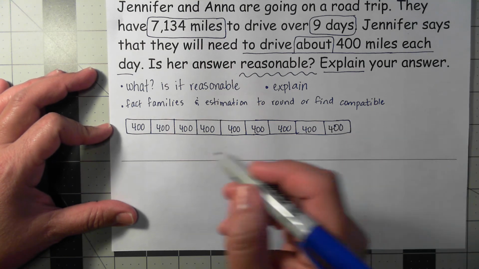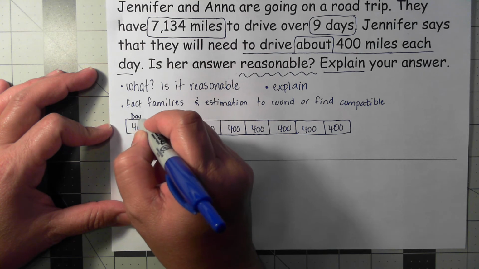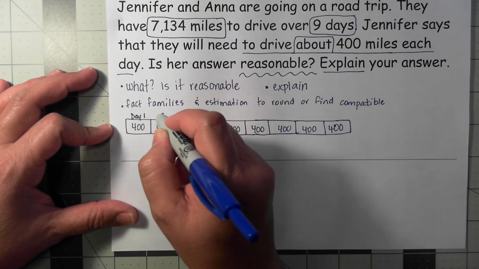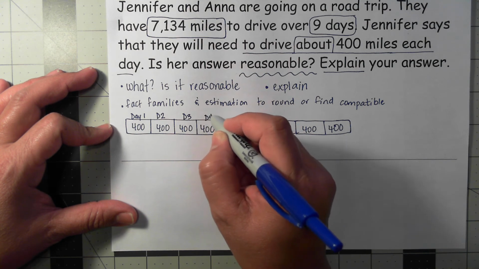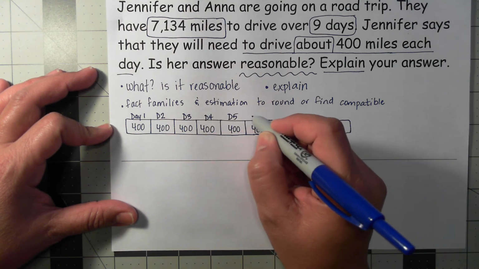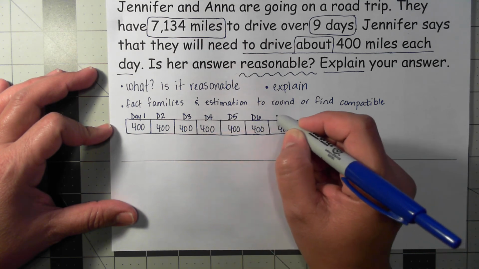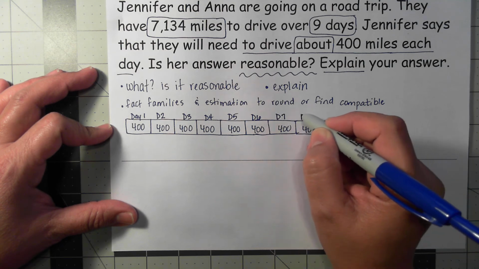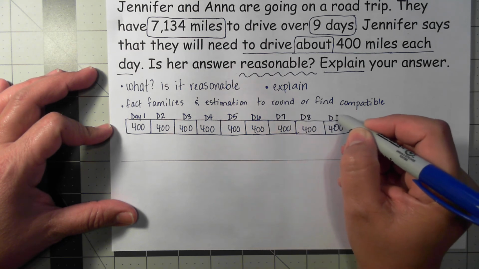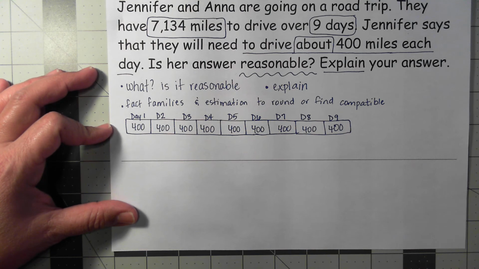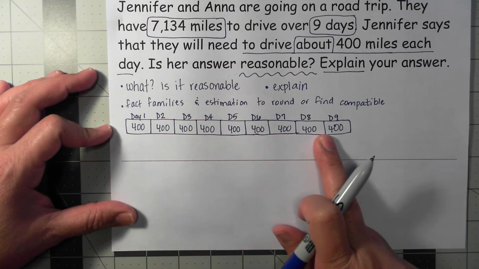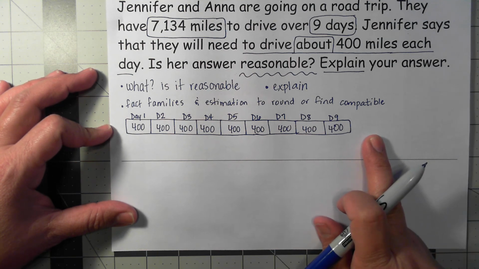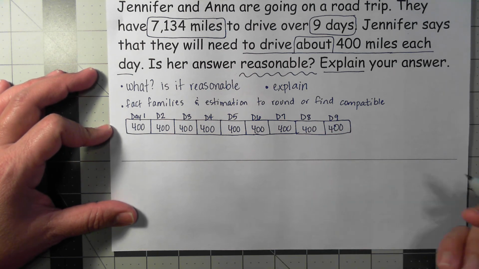So 9 days. So this is going to be day 1, day 2, I'm going to put D2, day 3, day 4, day 5, day 6, day 7, day 8, and day 9. Well, I can find the total number of miles driven simply by sitting here and adding 400 over and over 9 times until I get there.